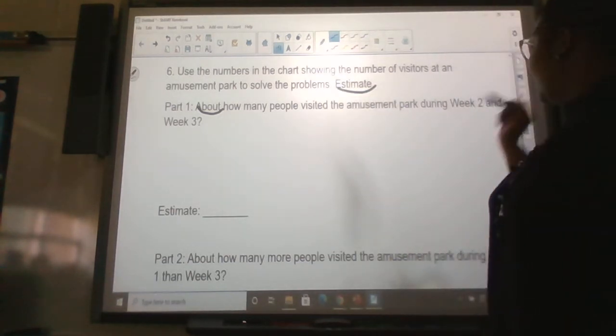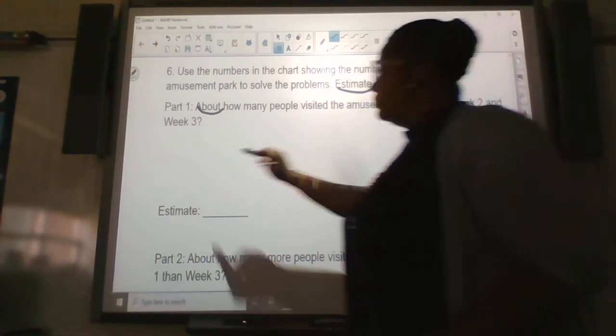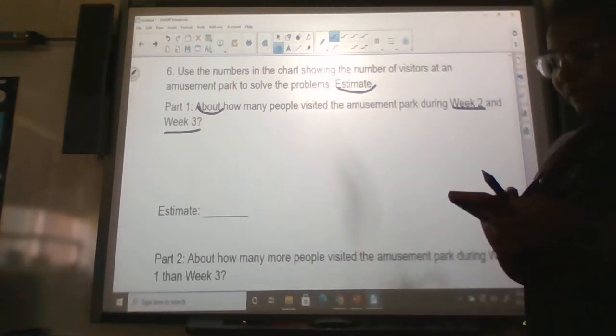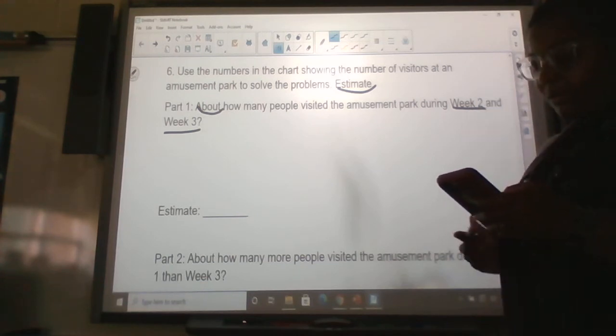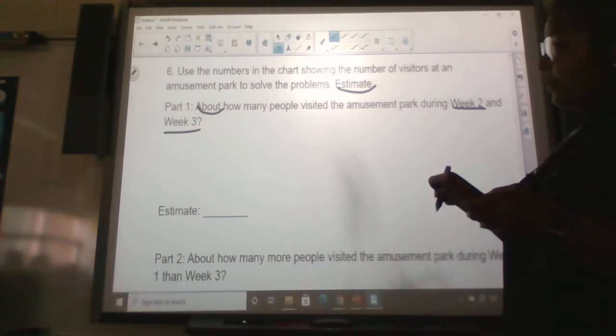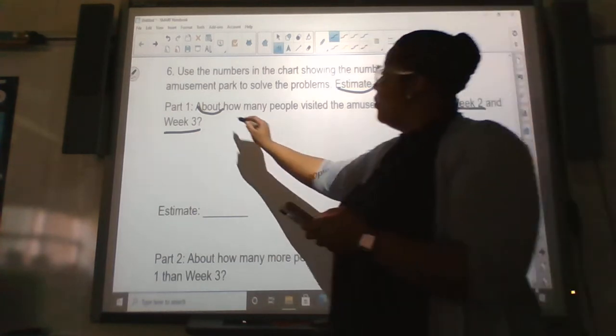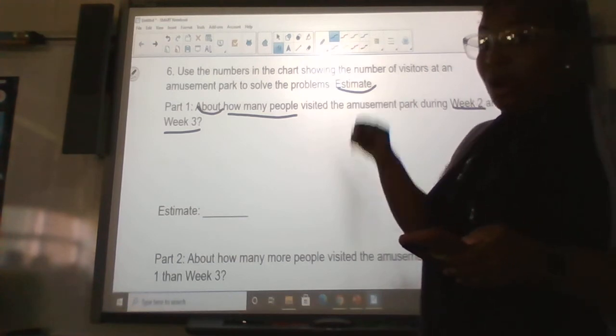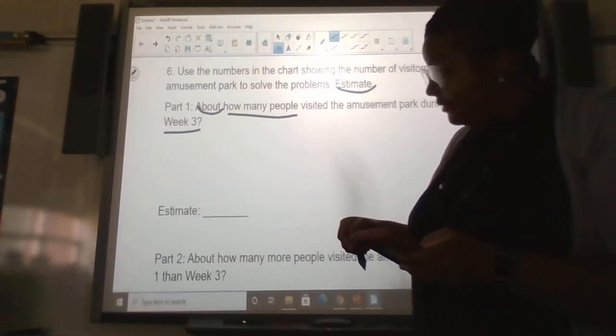So I know that I'm using week 2 and I'm using week 3. How many people tells me that I am going to add. Part 1, number 6, you are going to add.